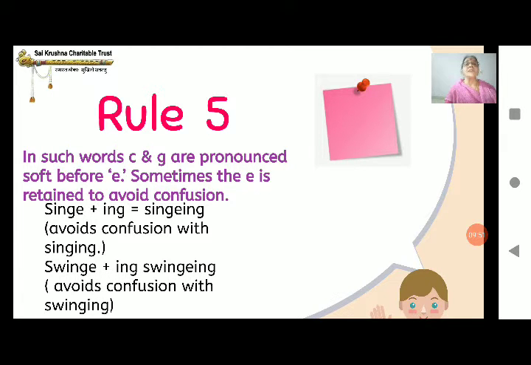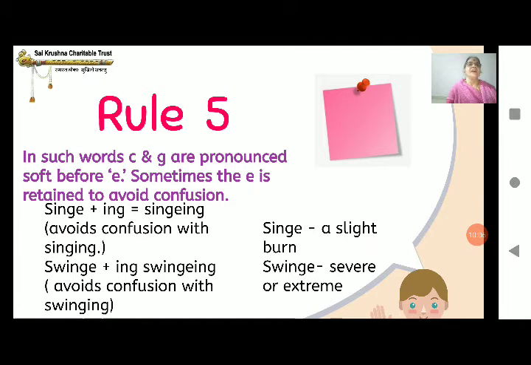We'll see. Swing plus ing, swinging. It avoids confusion with swinging. Singe is a slight burn. Singe, when I say it, means a slight burn, and swinge is severe or extreme.